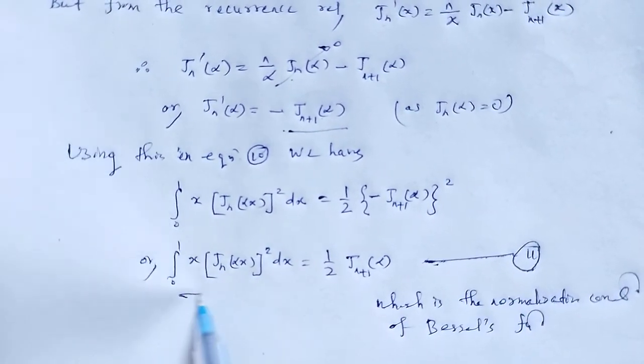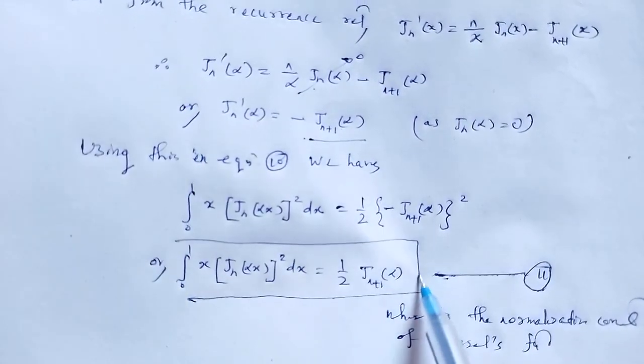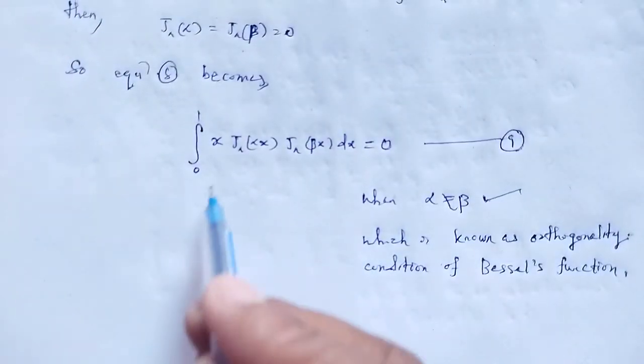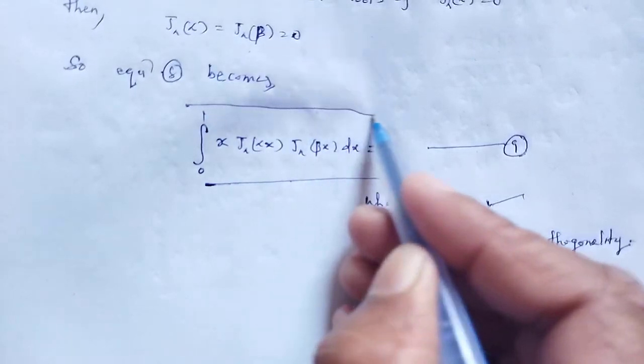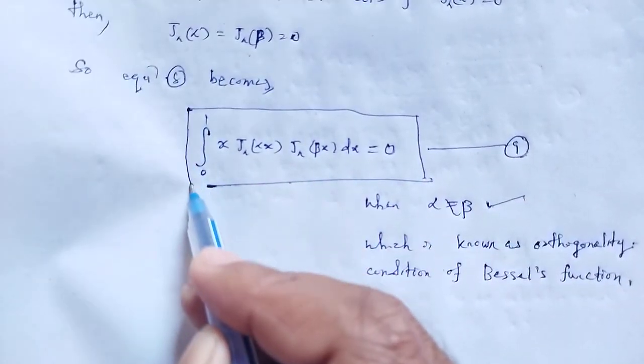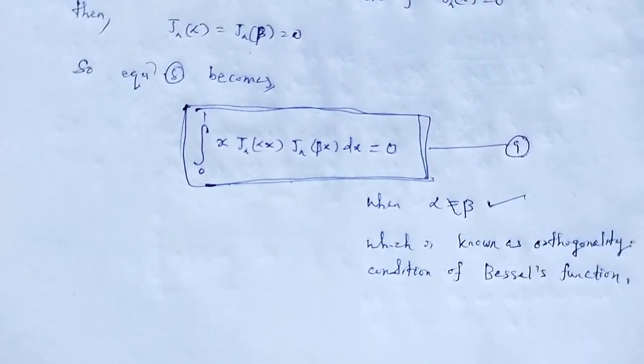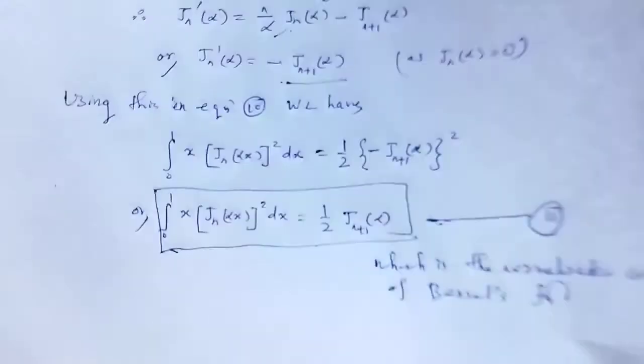Now here is the normalization condition. Previously that one is the condition for orthogonality of Bessel's function. This is equation 9 and that one is equation number 11.